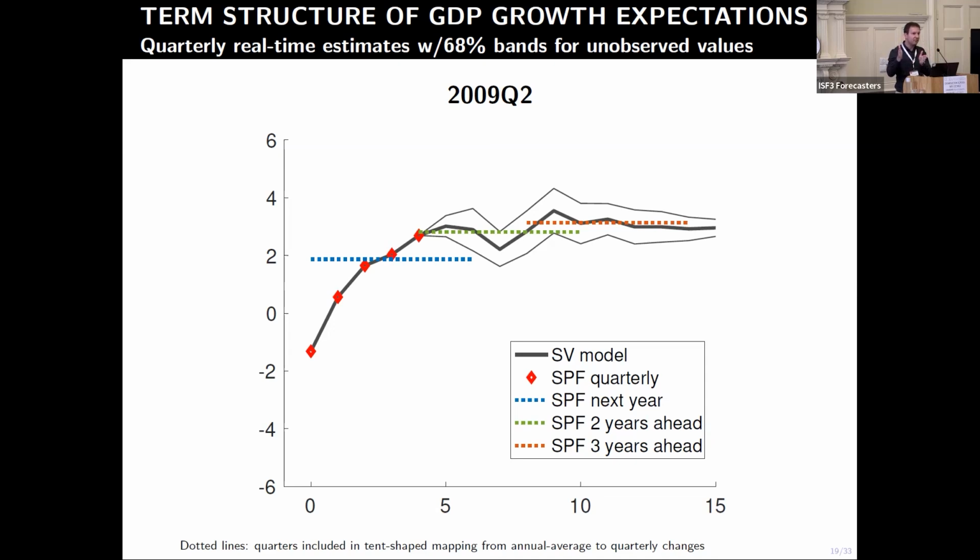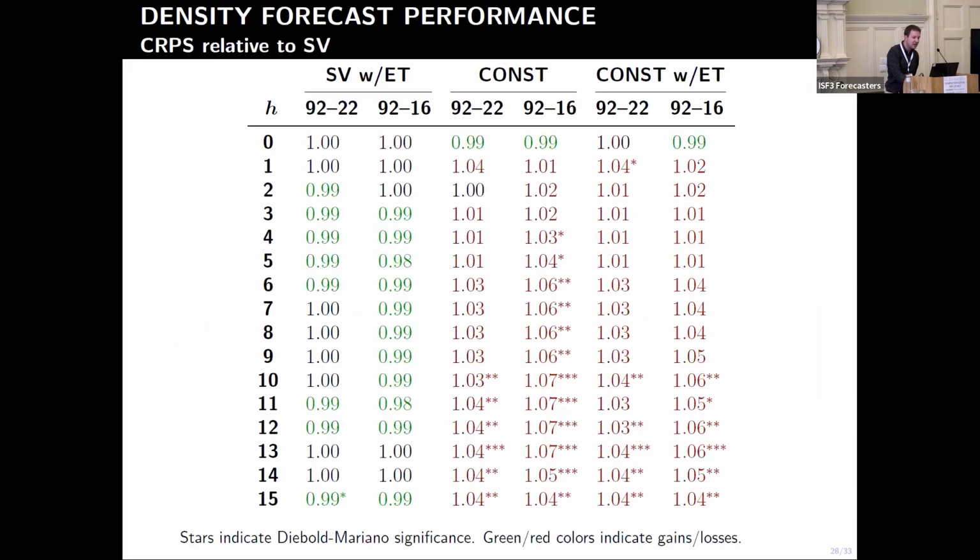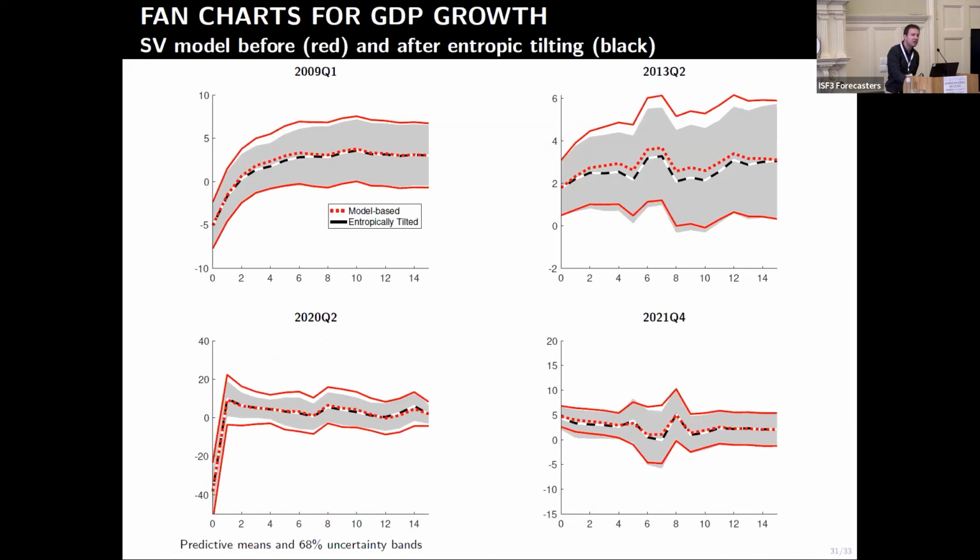Are these bands for the mean? Yes, these are the bands for the mean, for the point forecast. That's right. Not the entire distribution; the entire distribution, for example, is this. Okay, that's only for the point forecast. Exactly.